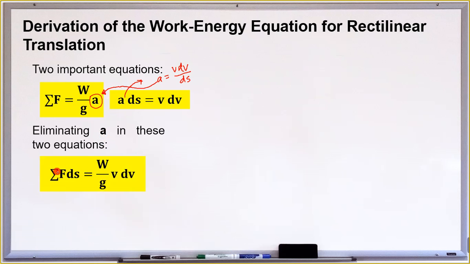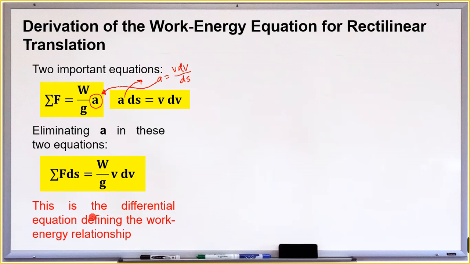So it will now become summation of force times the displacement equals Wg v dv. So this is now our differential equation that relates work and energy, but we cannot use this one because this is still in differential form. It still contains differential coefficients.